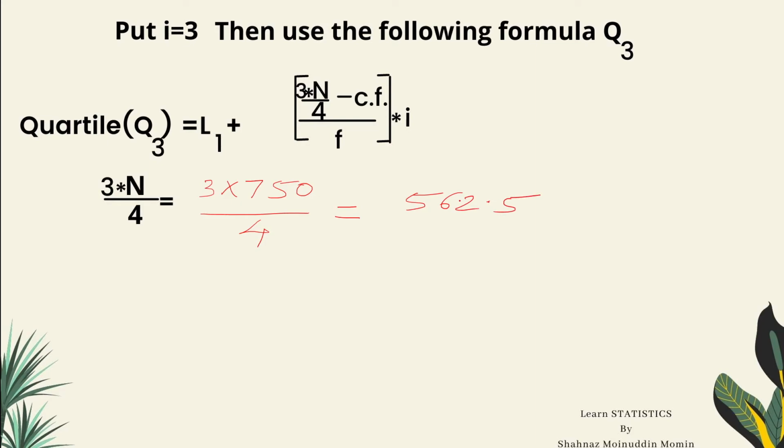Search for a cumulative frequency which is just greater than or equal to 562.5, and that is the third quartile class.